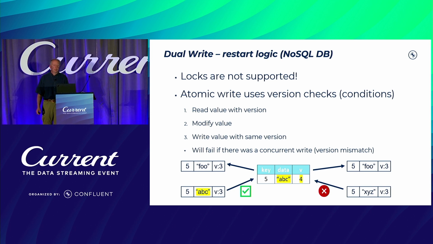In this case, the ABC writer got there first, and when they updated the data to ABC, they also bumped the version to 4. When the XYZ writer comes, they see that the version doesn't match, and they will have to reread the record and retry the operation.